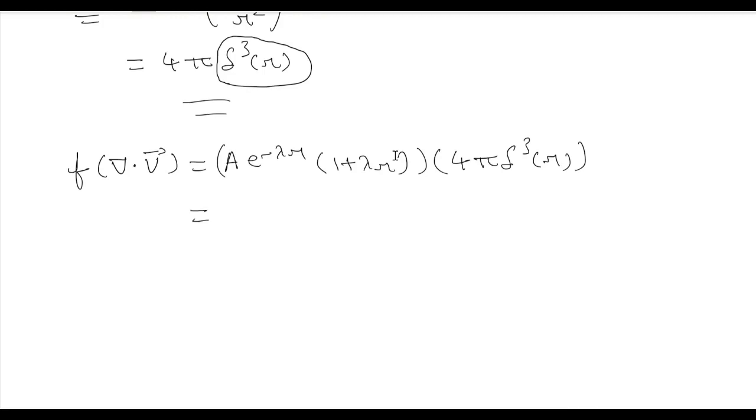So this would be 4 pi a e to the power minus lambda r, we have the 1 plus lambda r, and then the del cube of r.